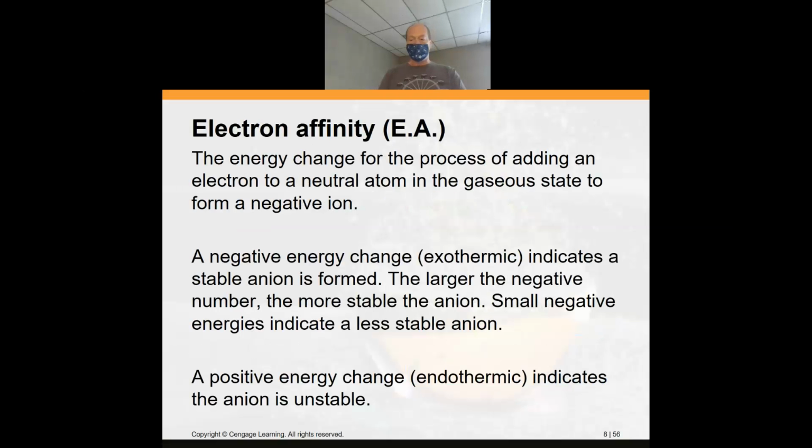All right, so again, when we're doing electron affinities, remember here we're making an anion. So now we're looking at, let's say, fluorine, and we want to add an electron to become F-. So you have to know that ionization energy is making cations and electron affinities are making anions.